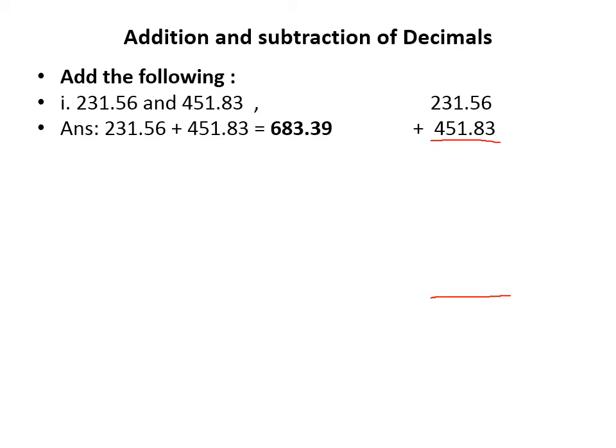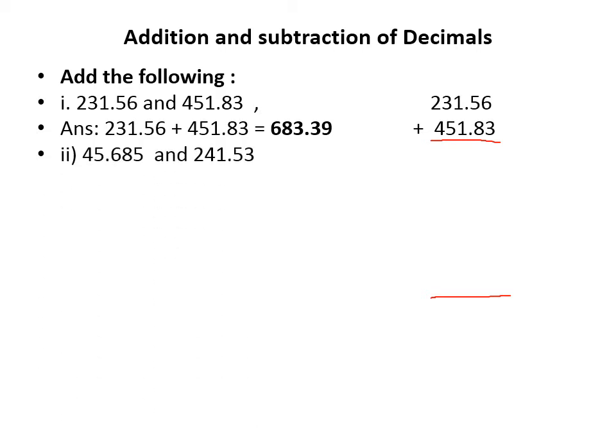On the right of the decimal, tenths and hundredths. Same way you arrange the second number, then you can add. 6 plus 3 is 9. 5 plus 8 is 13, 3 carry 1. 1 plus 1, 2 plus 1 is 3. So the answer of this is 683.39.